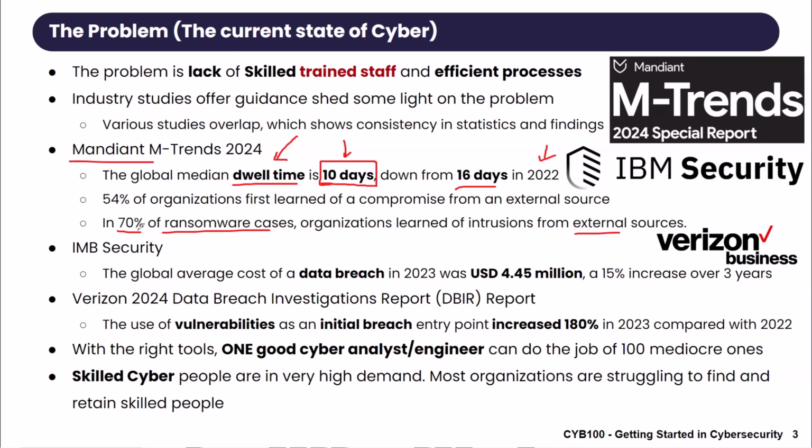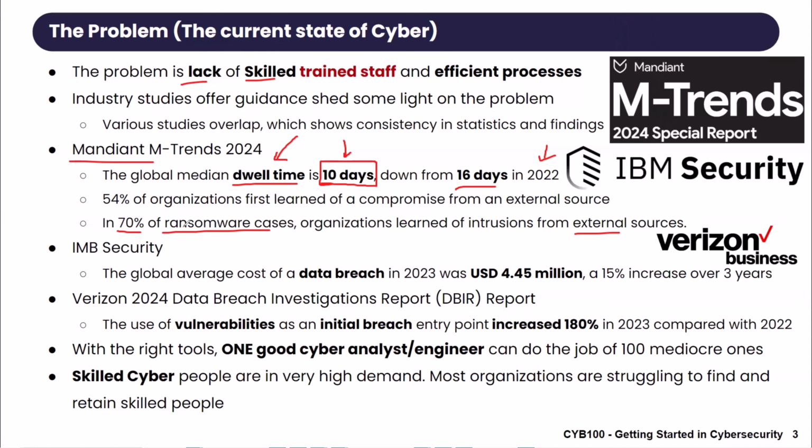But companies are so bad, they don't have skilled people, to the point where whoever they've outsourced their security to, that MSP, we call this an MSP, managed service provider, these third-party companies have to let you know, hey, look, you're really under attack. So not good at all.